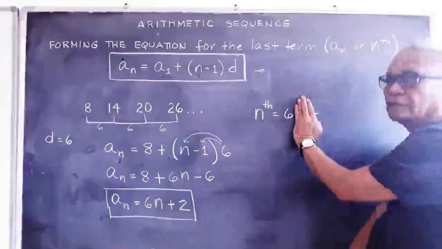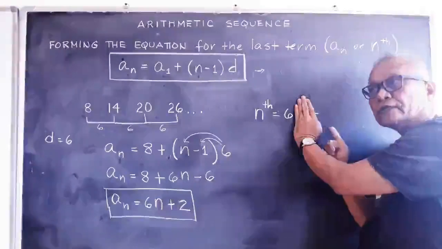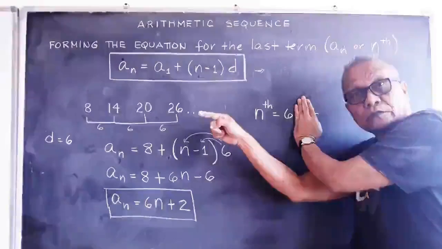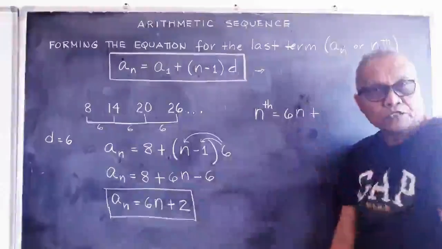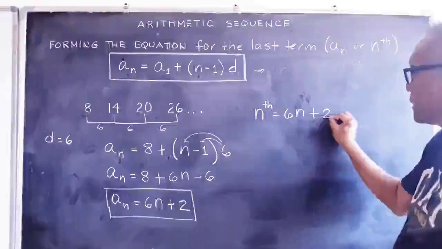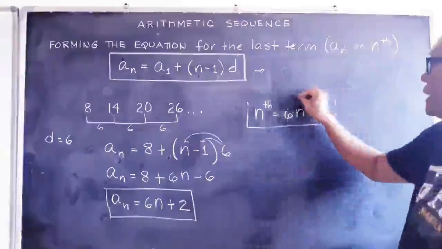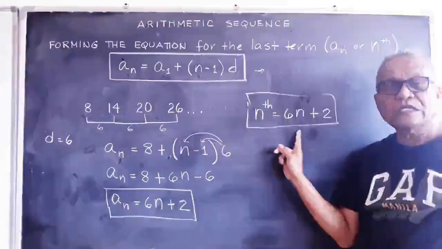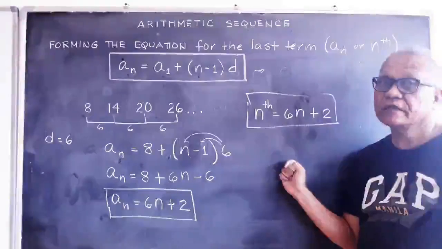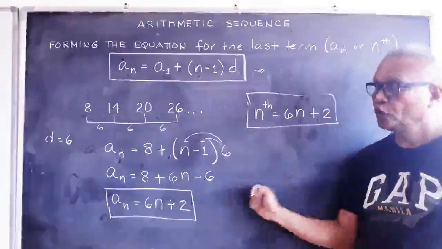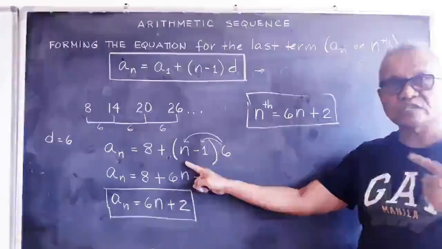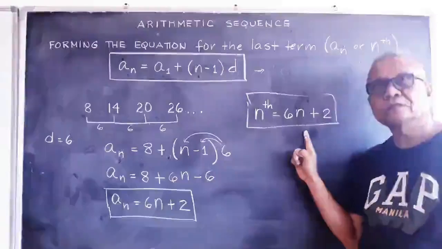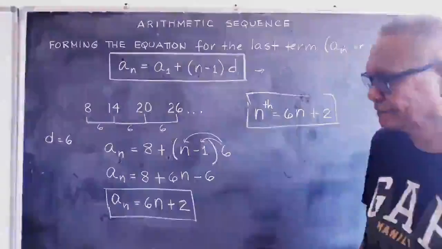What number am I going to add here so that my 6 will become 8? Mental math, it's 2. So this one is our formula by using Cambridge, which is easier and faster for you to do. This one using the distributive property, or this one, your choice.